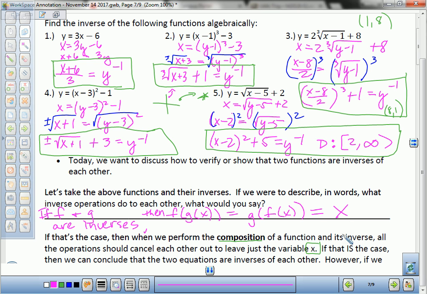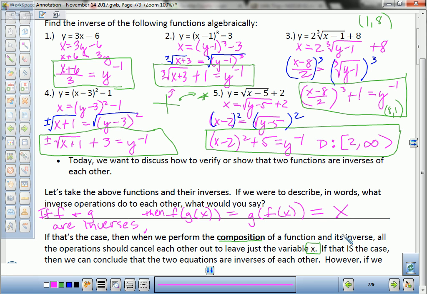Just x. Not negative x. Not x plus 2. Not 3x minus 5. Just x. So, if they are inverses, when I do the composition both ways, we get the same thing.